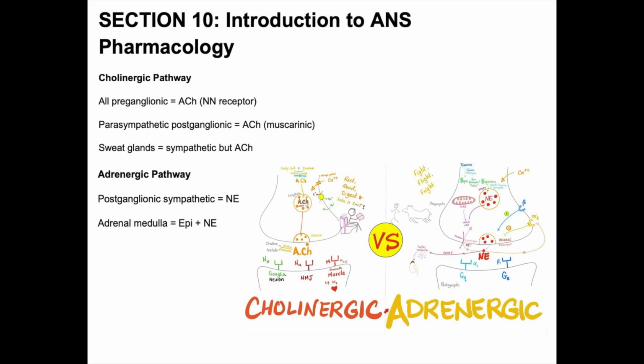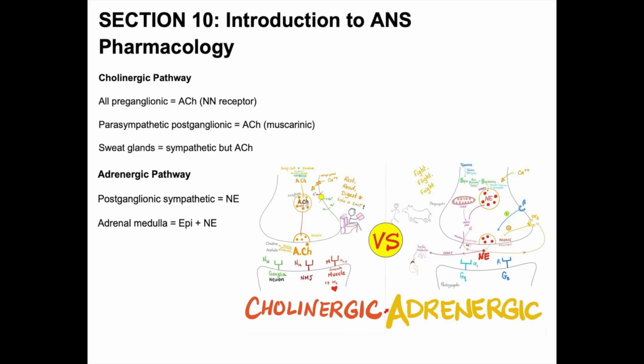Sympathetic postganglionic neurons usually release norepinephrine. Some exceptions are sweat glands, which are sympathetic but acetylcholine mediated. The adrenal medulla acts like a modified sympathetic ganglion. It releases epinephrine and norepinephrine into circulation. Understanding the wiring will help you predict drug effects, which we will get into in a second.